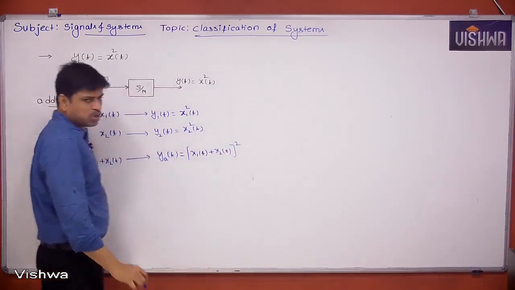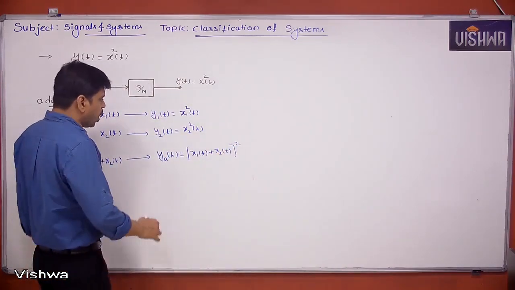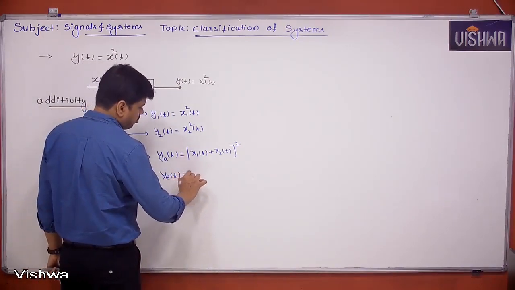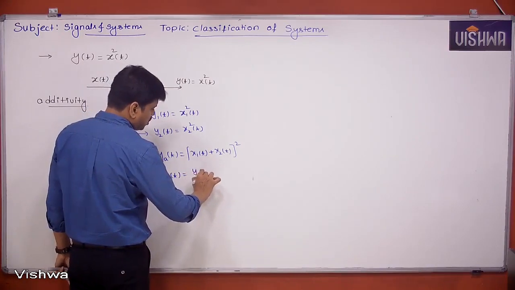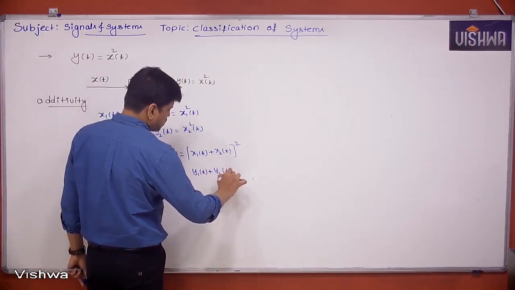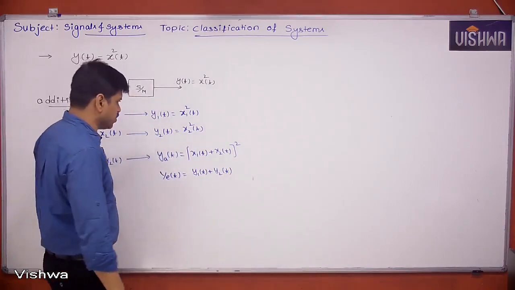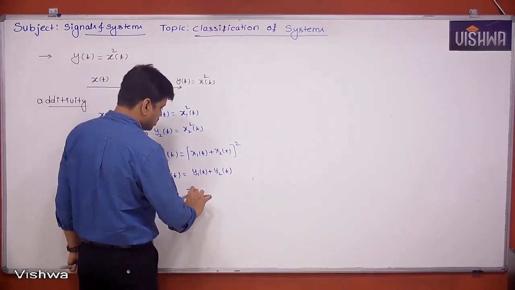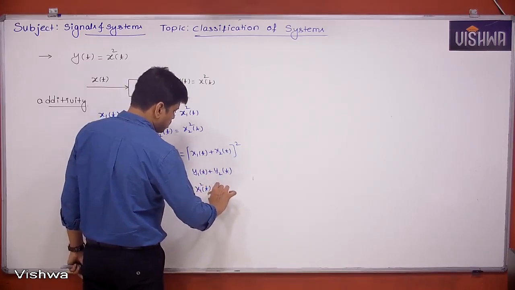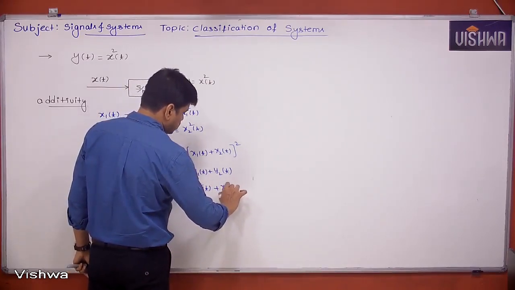That's the actual output we are getting. But the expected output is in the form of y1 of t plus y2 of t, that means x1 of t square plus x2 of t square.